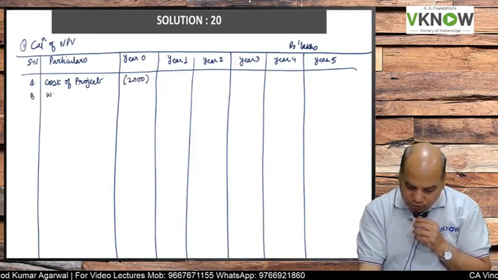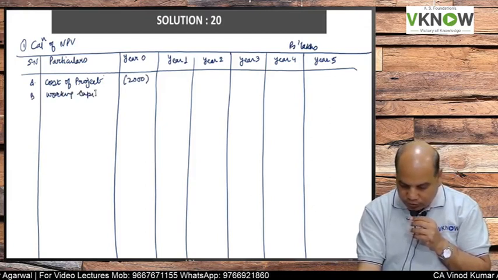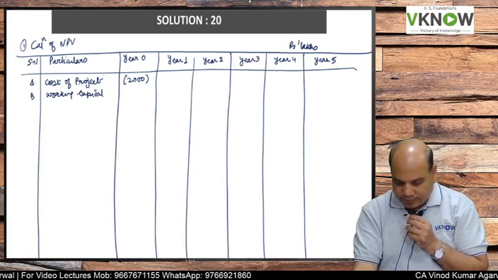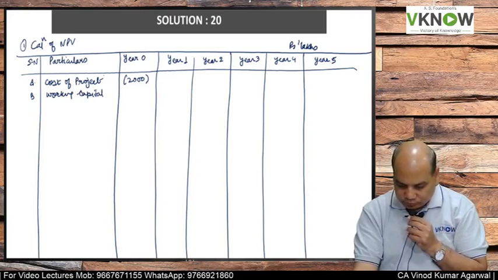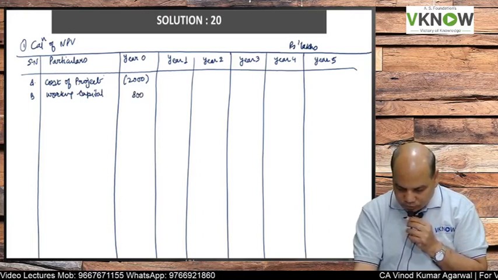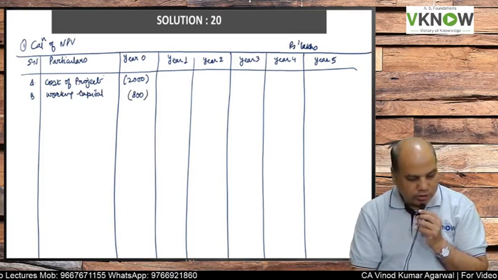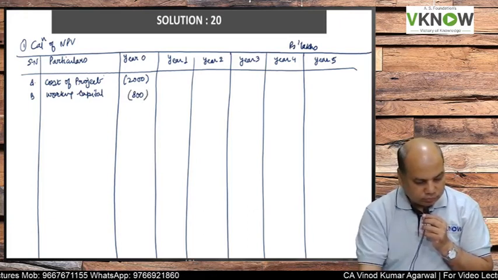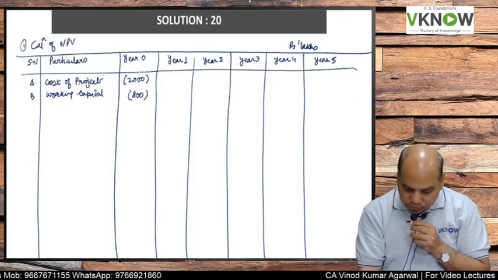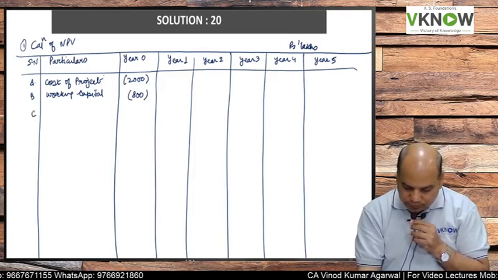Point B, write down working capital. Working capital is how much? 800. This also write in bracket. Point number C, write down sales quantity.